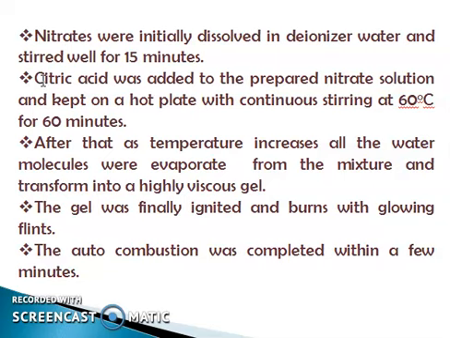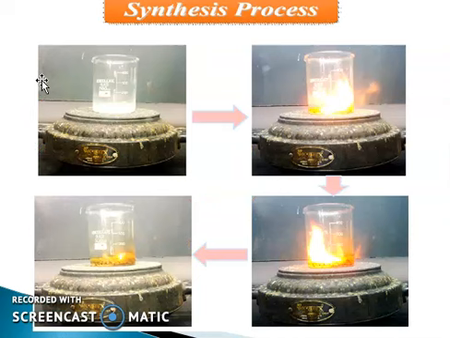Now you can see this process in diagram form. From this diagram, we observe that the nitrate solution is placed in a jar, and we stir this jar for 15 minutes. After 15 minutes, we add citric acid, then keep it on a hot plate at 60 degrees.